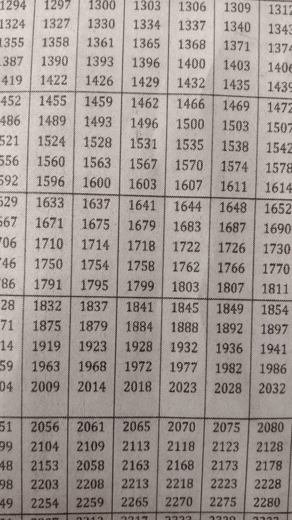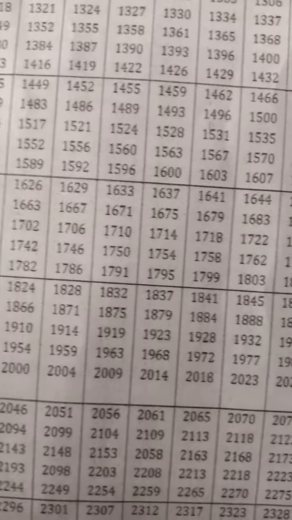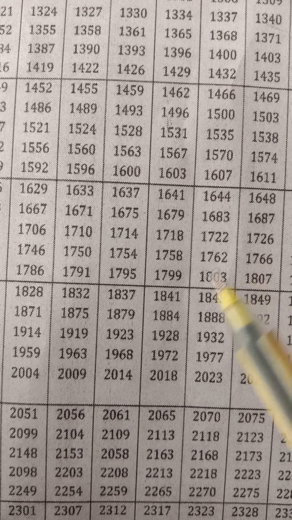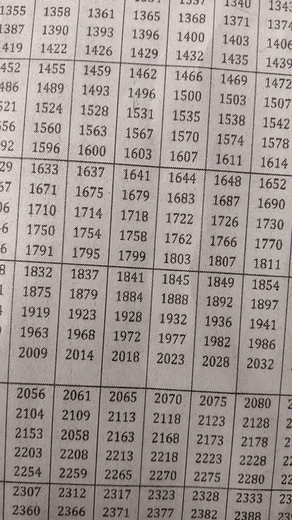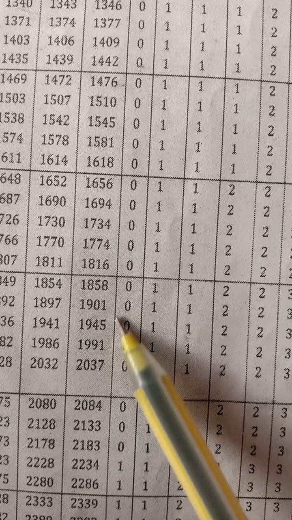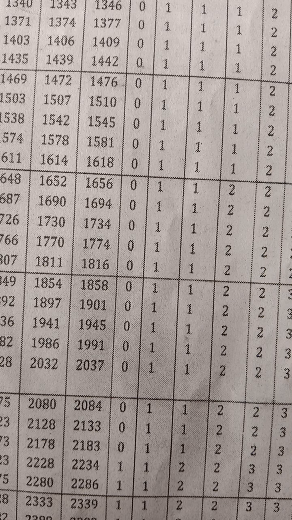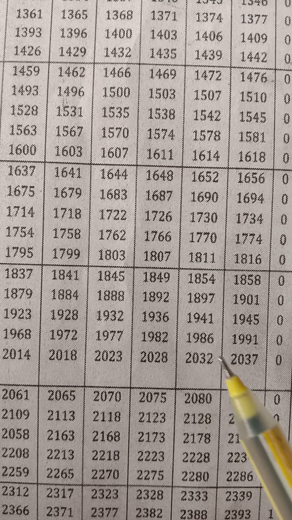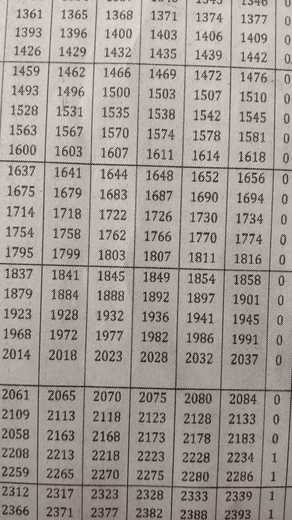So going horizontally from 23 to the 7th column, it is 1726. Then we proceed to the 5th column: 1st, 2nd, 3rd, 4th and 5th. The mean difference is 2, and the original value is 1726, so 1728 will be the answer.